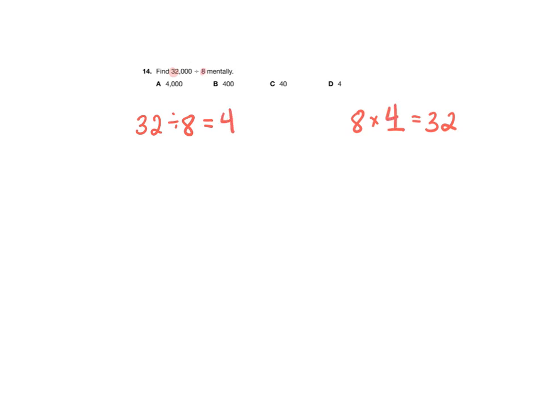Okay, so 32 divided by 8 equals 4. And I've got, let's see, 32,000 divided by 8. 1, 2, 3 zeros. So I've got to have 3 zeros on this side. 4,000.